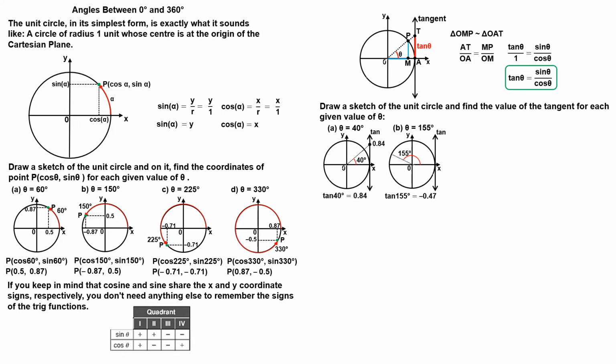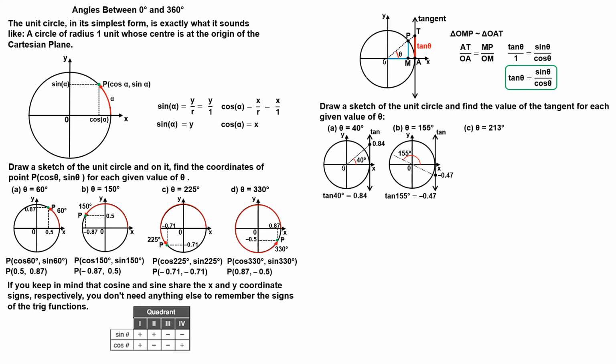Represent this value of tangent on the tangent line. We just extend the terminal side of the angle to meet the tangent line. Take a look at the point where the tangent line crosses the x-axis. Upwards, the values of the tangent are positive, and downwards, the values of the tangent are negative, as with the y-axis.